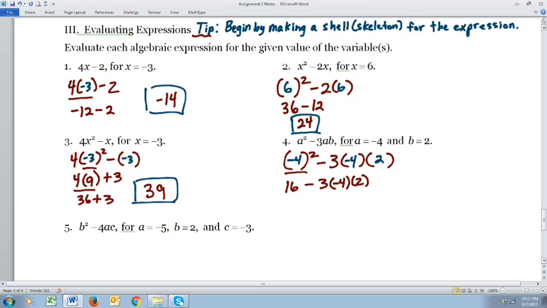Now notice here we have a subtraction and 2 multiplications. So the subtraction is going to come last. So let's go ahead and write the 16 minus. And now we've got 3 times -4, which is -12, times 2, which is -24. So we're going to end up getting 16 plus 24, which is 40.